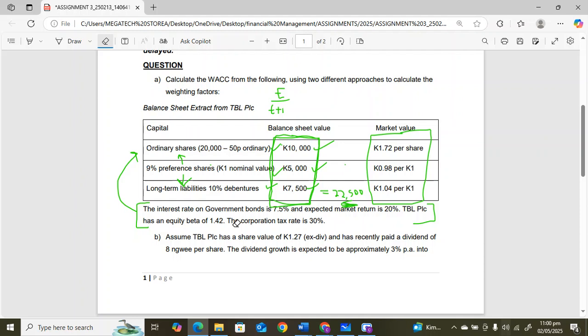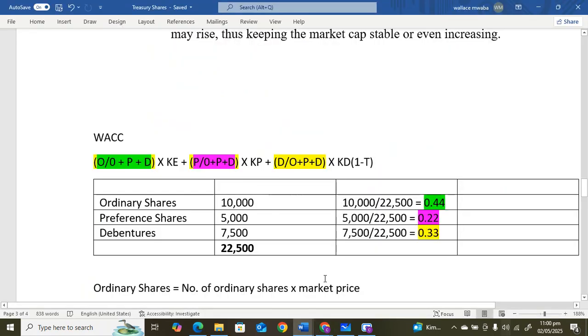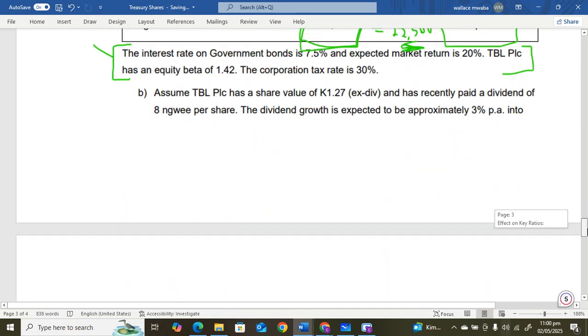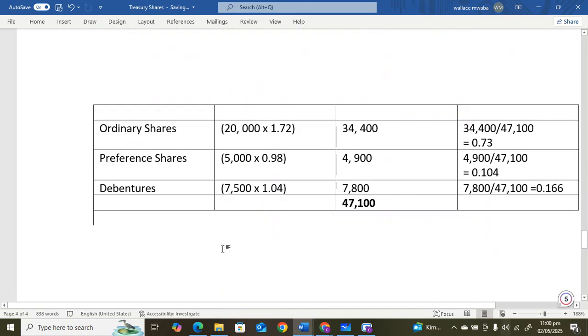So this is the formula for the capital asset pricing model: KE equals RF plus BE (equity beta) times (RM minus RF).